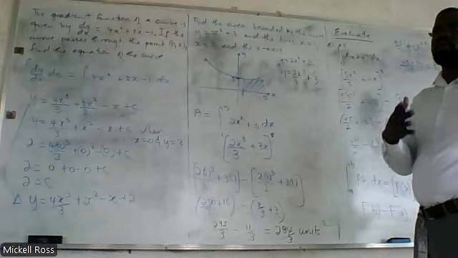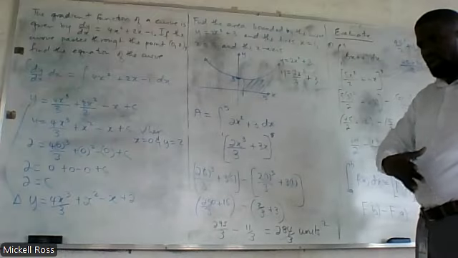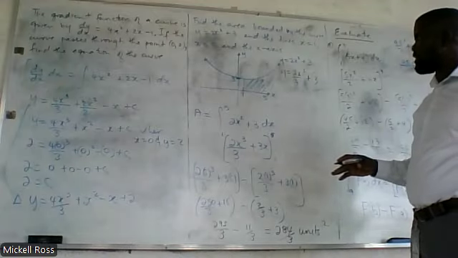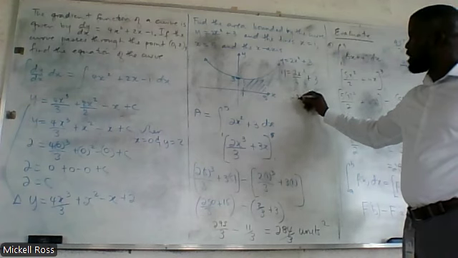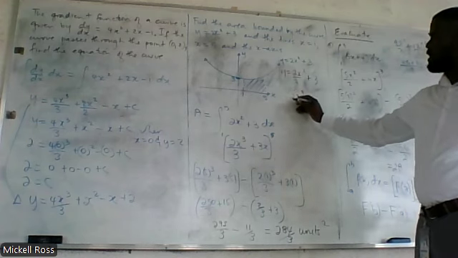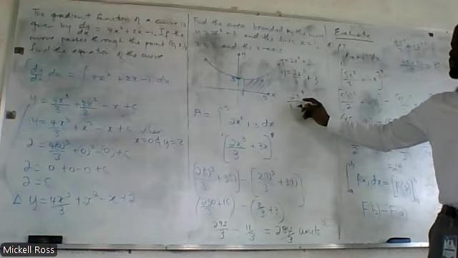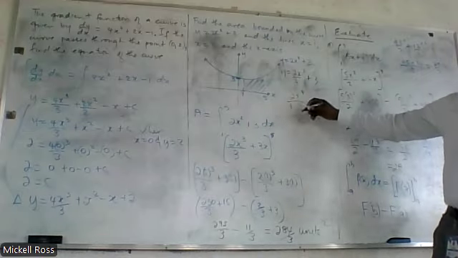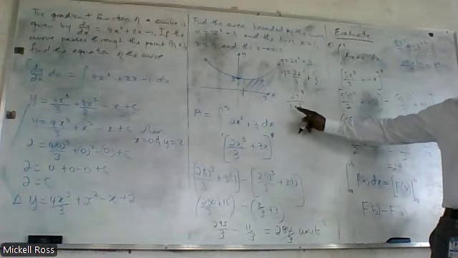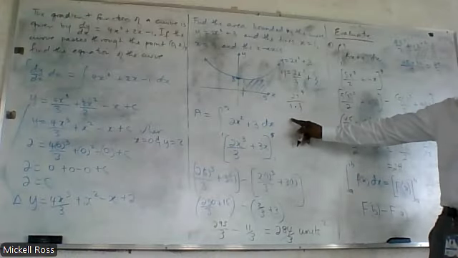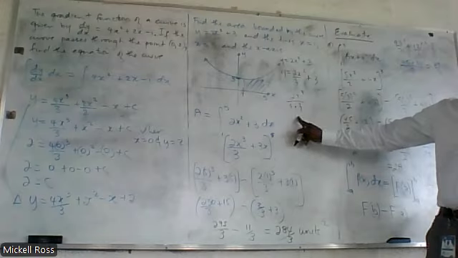When you're integrating, you add 1 to the power and then you divide by the new power. So if I'm going to integrate here, it's going to be 2x, add 1 to the power, I get 3. But notice it is already over 3, which is this 3. But then I'm going to divide by the new power, which is 3 again, which means that the denominators will multiply.